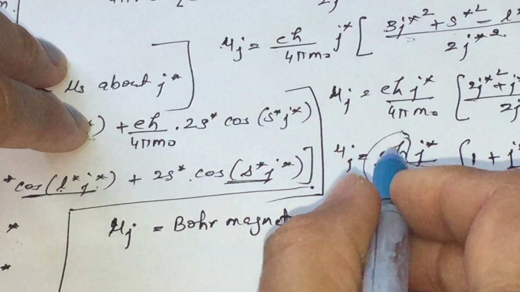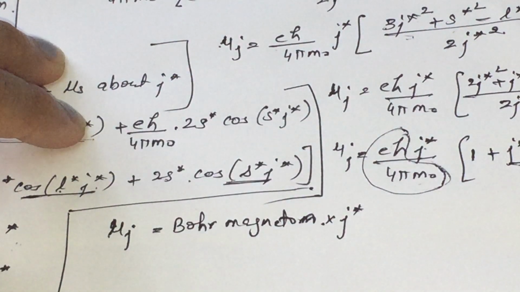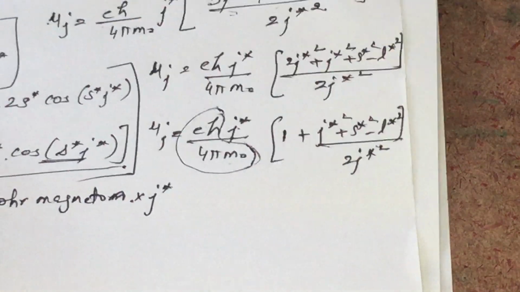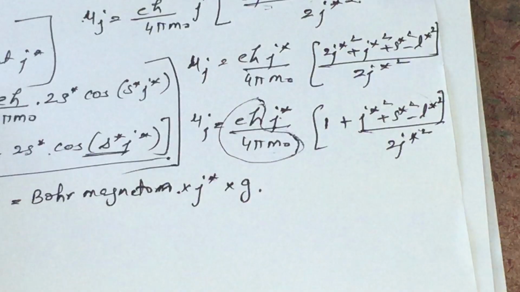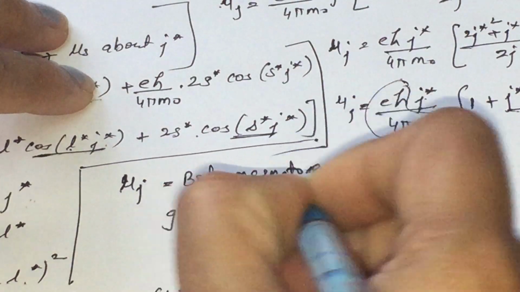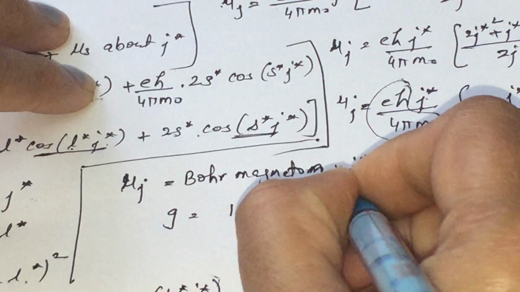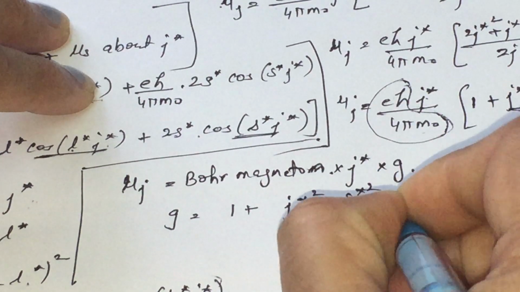If this value is Bohr magneton, then we have to multiply Bohr magneton with J star, and again we are putting this whole term as a symbol G, where G is representing this term which is in bracket, and this term is like this.